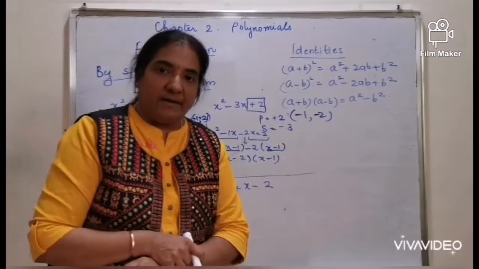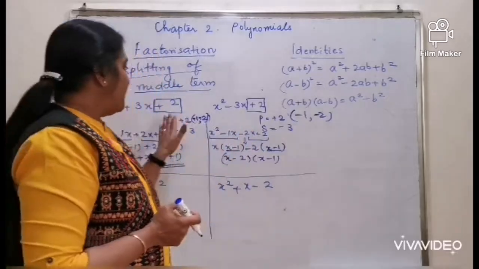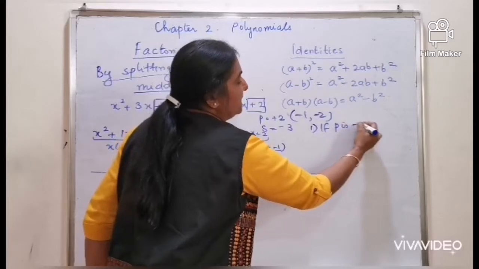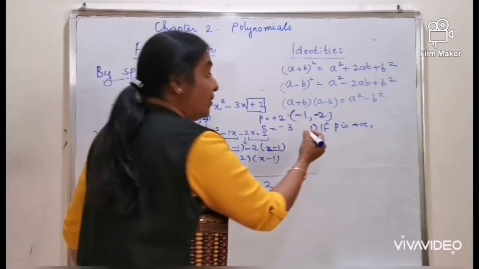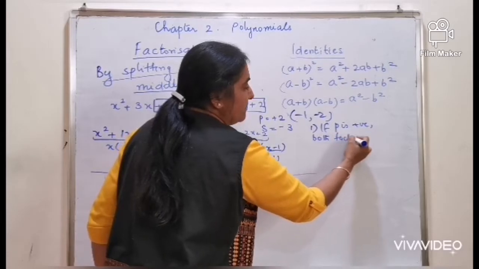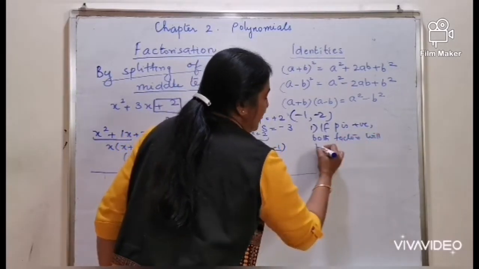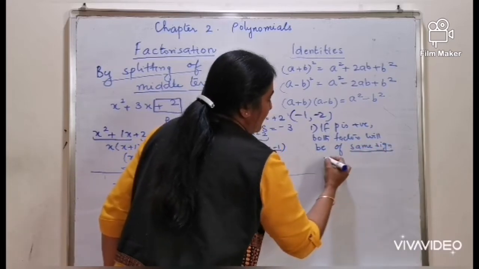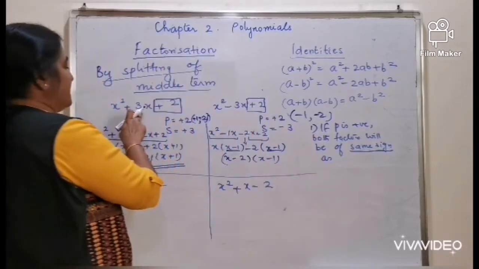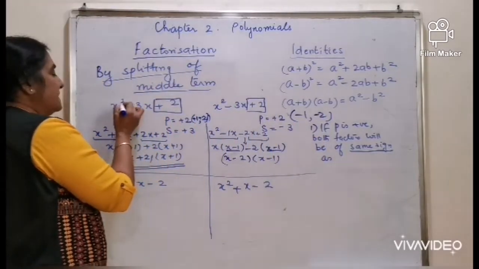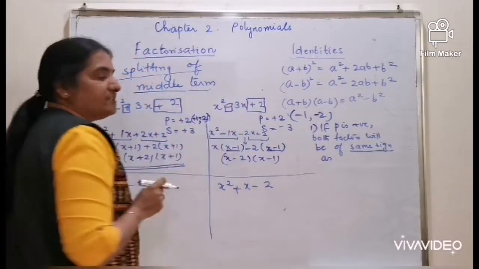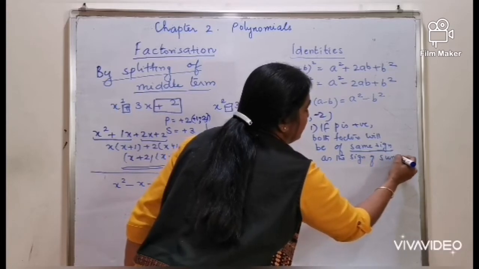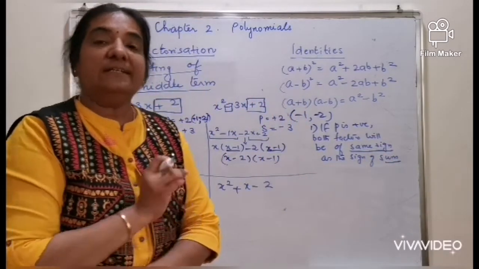So what is the general rule when the product is positive? The first rule is, if the product is positive, both factors will be of the same sign as the sign of the sum.